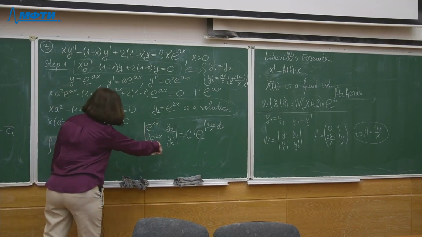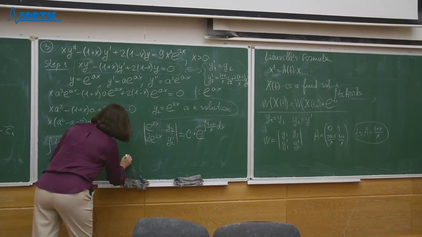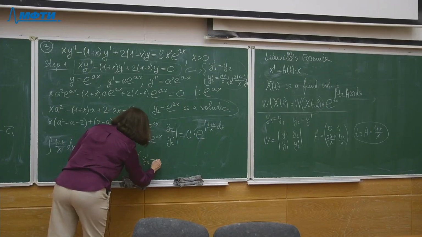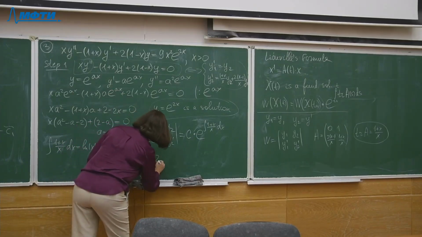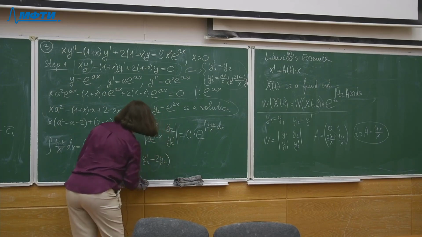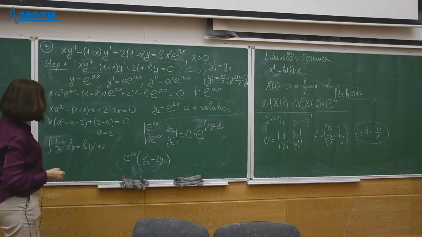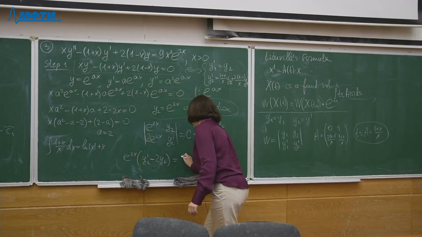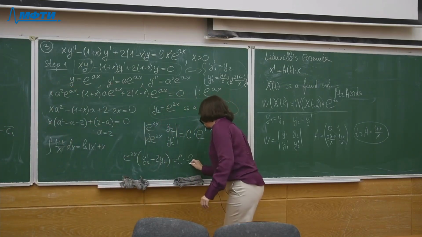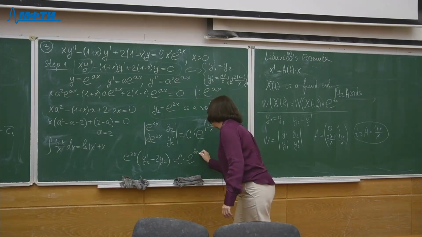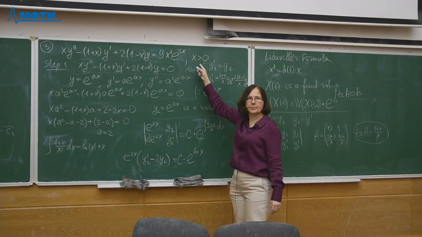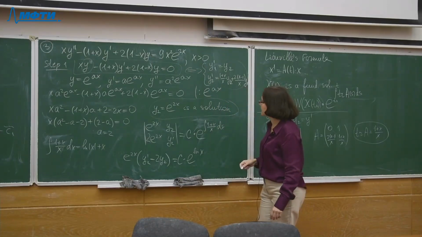Well, so from this equation I have the following: e to 2x times y2 prime minus 2y2 equals c times e to the power ln x plus x. I will omit the absolute value because x is positive. We're given that x is positive.